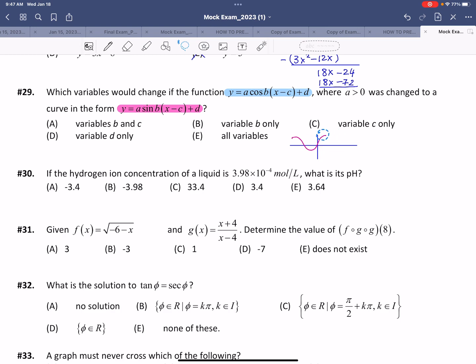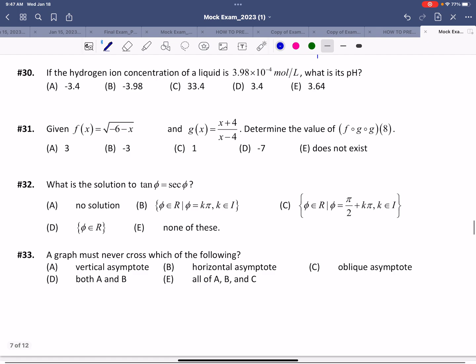Or to the left 3 pi over 2, then we get the sine curve. So the only coefficient that will change a cosine into a sine will be the phase shift. So we are going to say that the coefficient c is the one that will change in order to get from a cosine to a sine function.